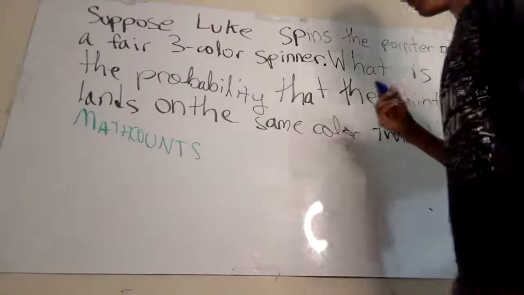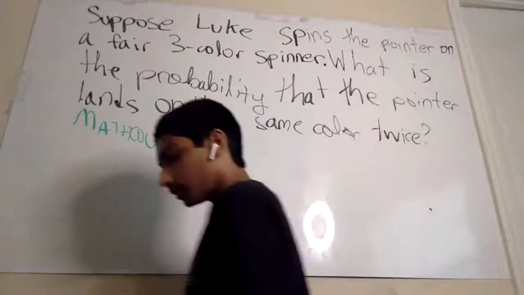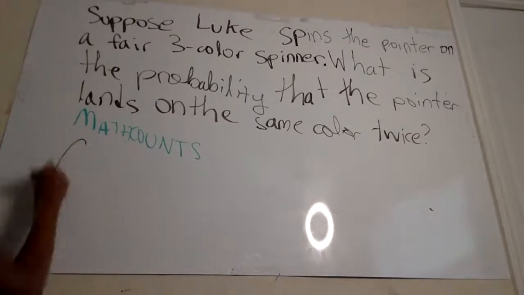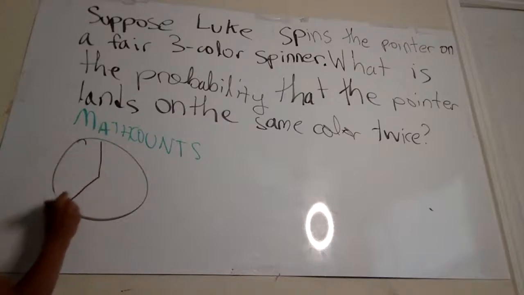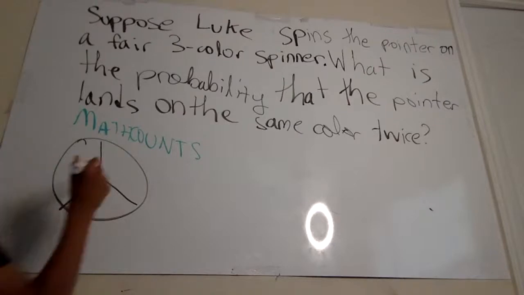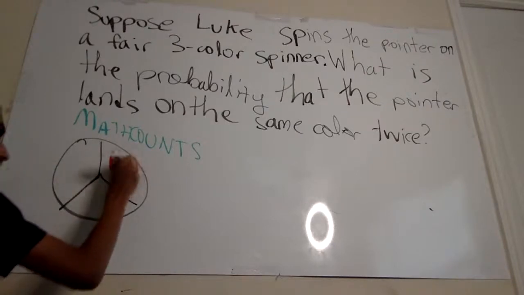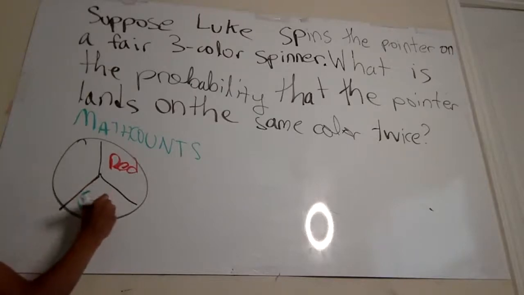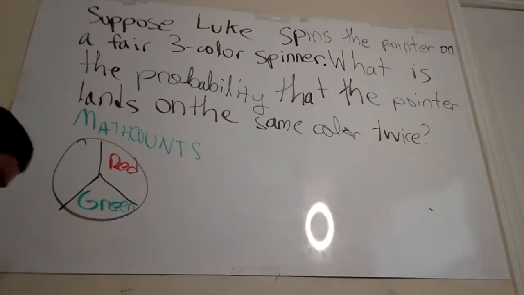To do plain old probability, let's construct a spinner, since that will make the problem look cooler. So we have rad red, we have the green, the gorgeous green, and then what's an adjective we can use for blue?